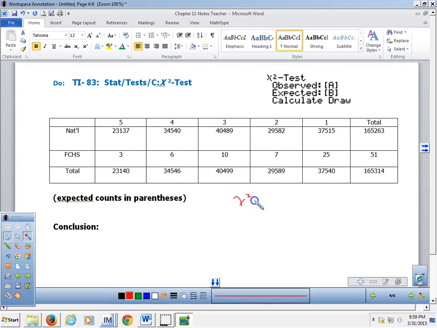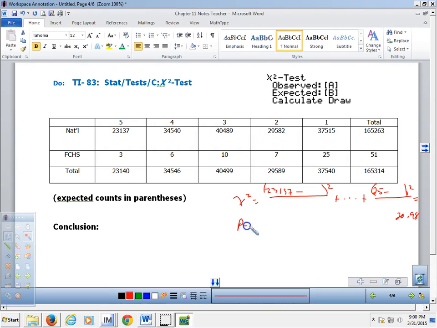So our chi-square statistic, once we show our work with the terms here, is 23137 minus whatever that expected count is, squared, over whatever that expected count is, plus ... plus 25 minus whatever that expected count was, squared, all over whatever that expected count was. That gets us to our chi-square statistic of 20.98.